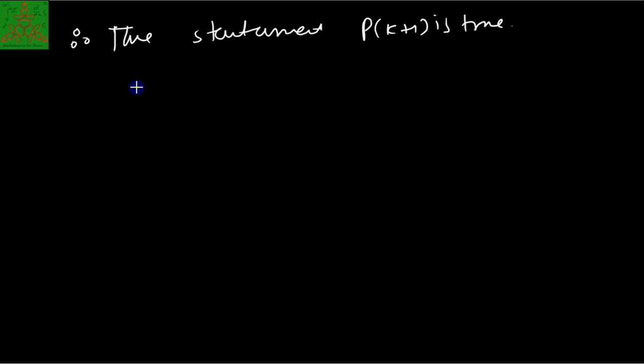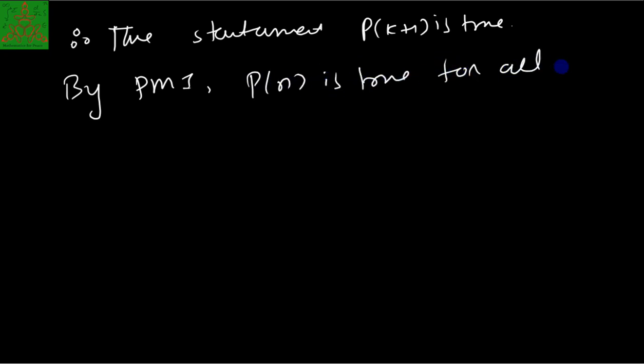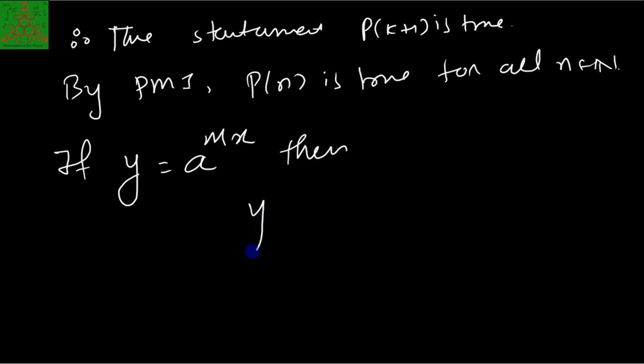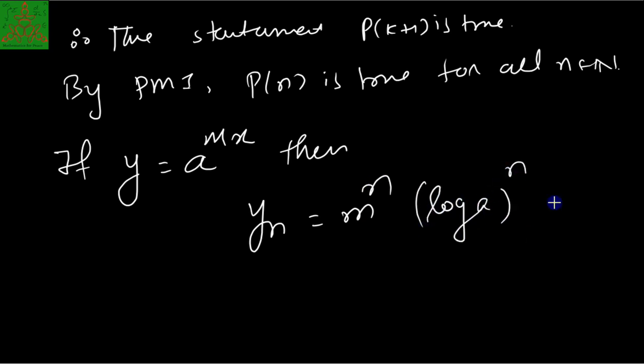And hence, by PMI, we can say that P(n) is true for all n belongs to N. So finally, we can say that if y is equal to a power mx, then the nth derivative of this is m power n, log of a base e power n, a power mx. Let us solve a few more theorems like this.